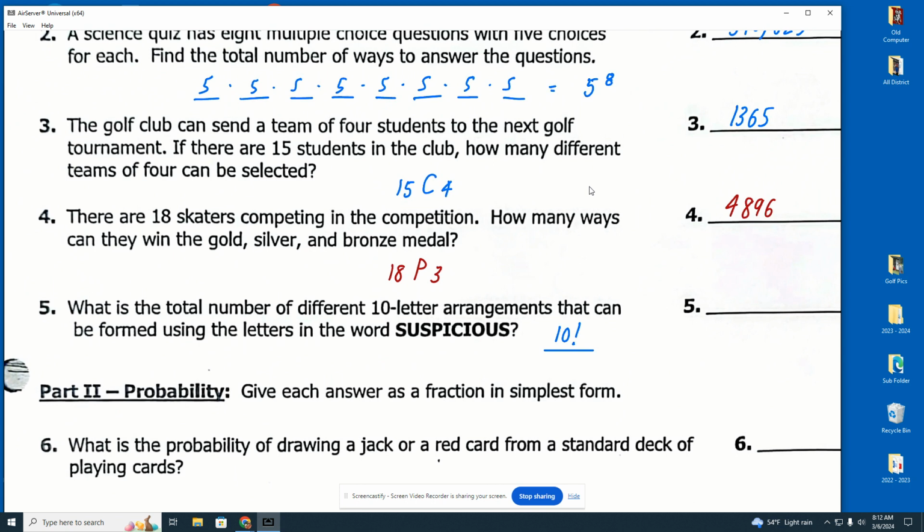Do you notice anything about this particular problem that we talked about in our notes? There are some repeated letters. Look, S is 1, 2, 3 times. Is that going to affect the outcomes? For sure.